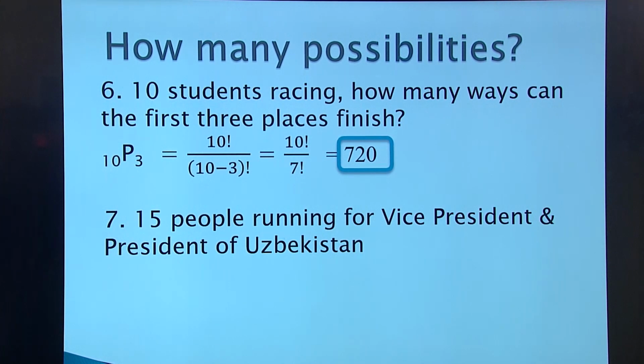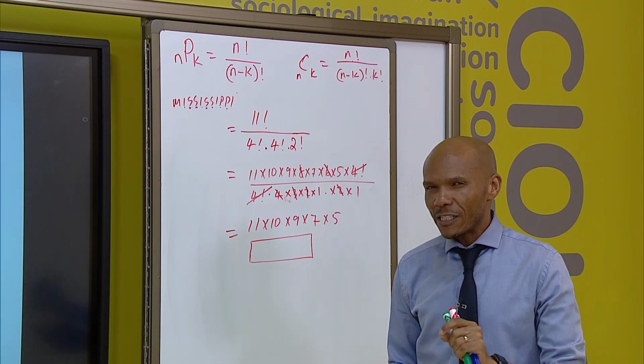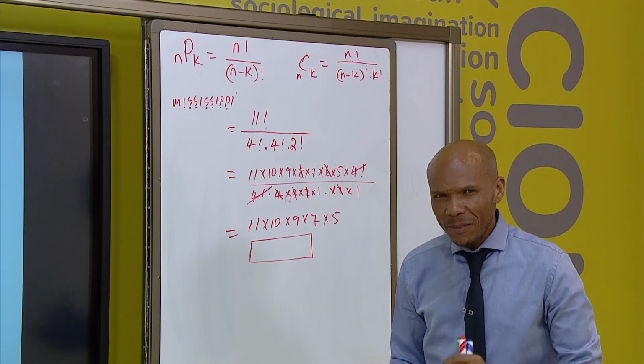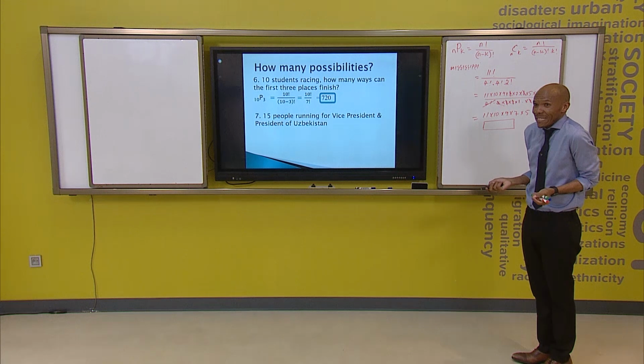Okay? And let's look at question 7, and I think you will love question 7. Question 7 says, 15 people running for vice president and president of Uzbekistan. So you've got 15 people, right? And you want to choose president and vice president. The first question is, does the order matter? What do you think?